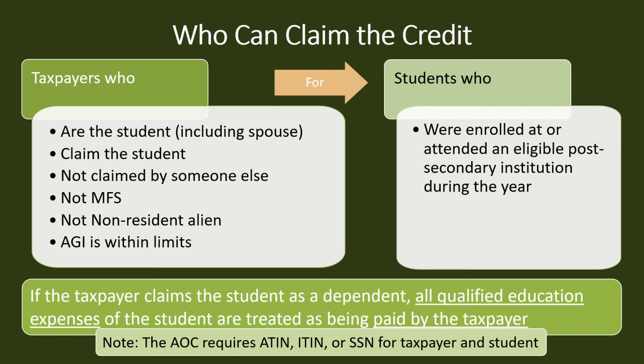So if that taxpayer is not the student, but they claim the student as a dependent, all of the qualified educational expenses of the student are treated as being paid by the taxpayer.